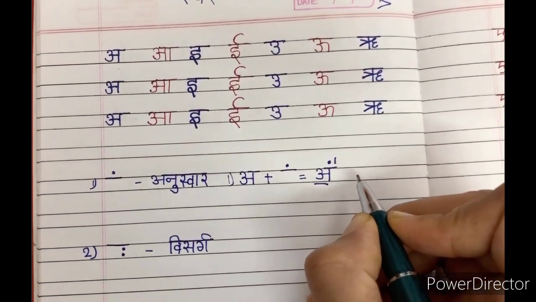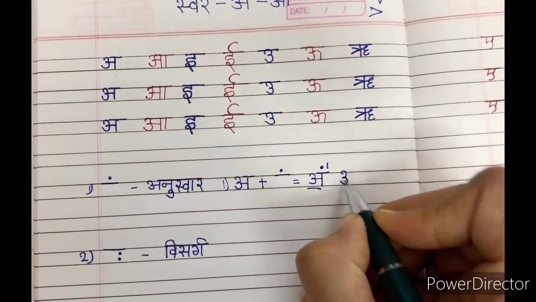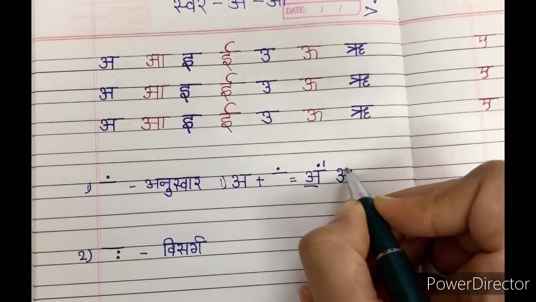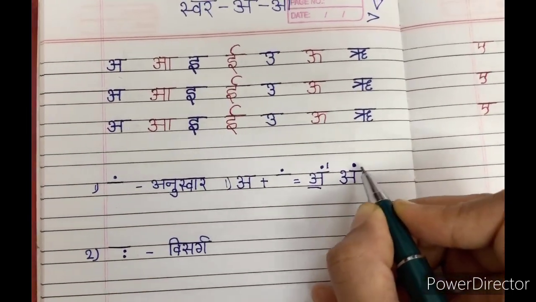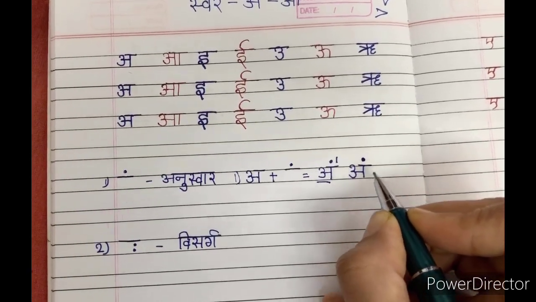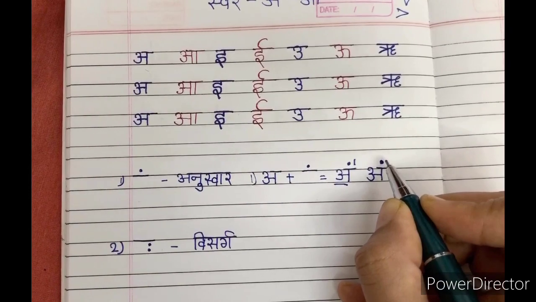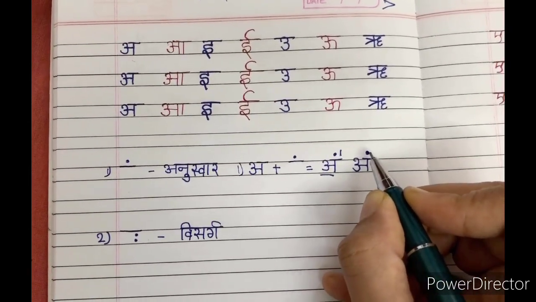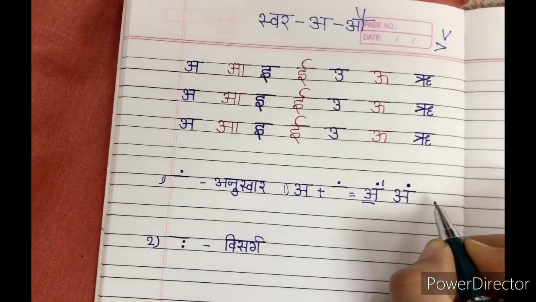Okay, so let's write again. First write A. Then give anuswar. Repeat. Very good. Let's write one more time.